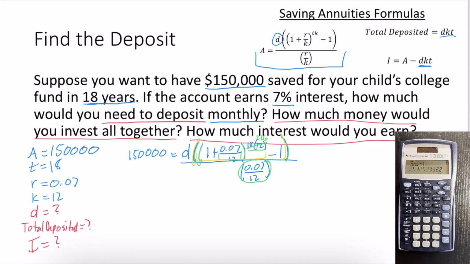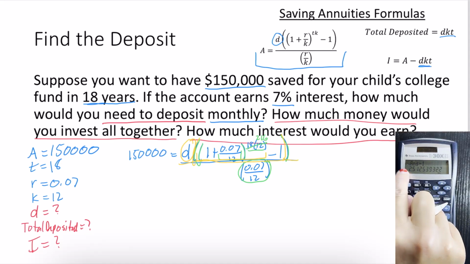Now, at this point, I'm going to want to simplify the fraction of all of the stuff on the top of the fraction bar, as well as divide that by the stuff on the bottom of it, because I don't know what my variable d is. And so I want to fully simplify the fraction so that I can solve for d.